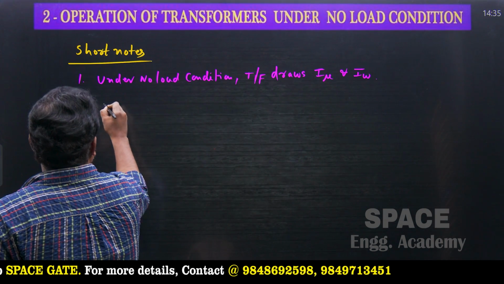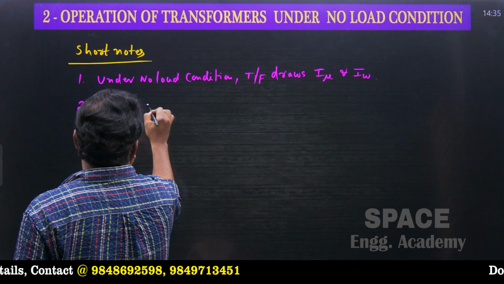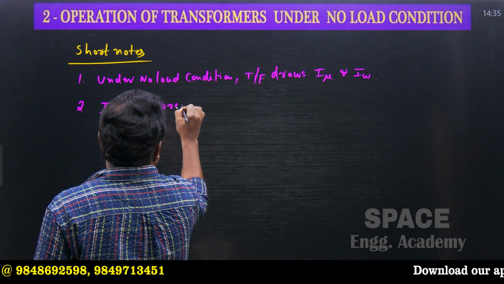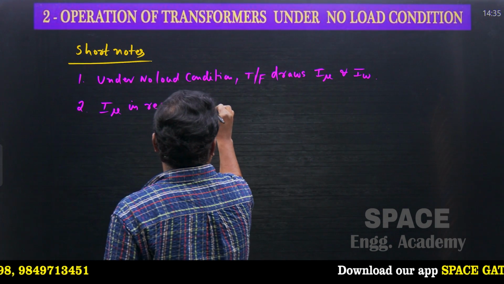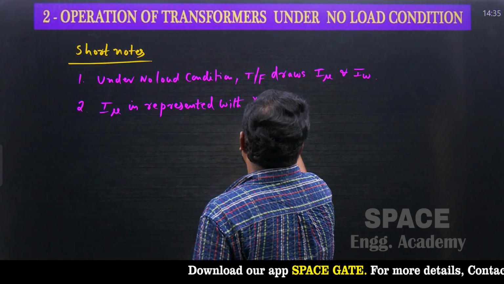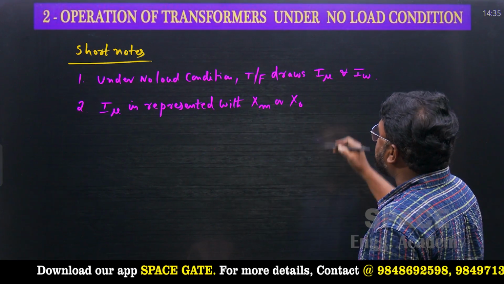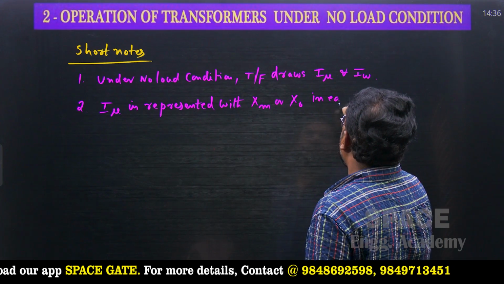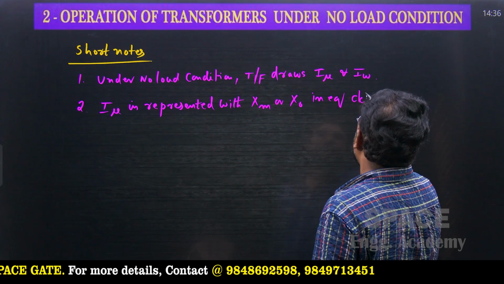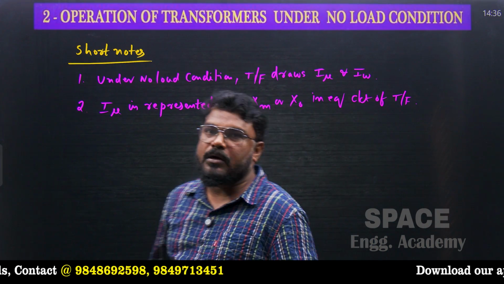So this magnetizing current, I mu, is represented with Xm or X0 in the equivalent circuit of the transformer. So this is one of the questions.